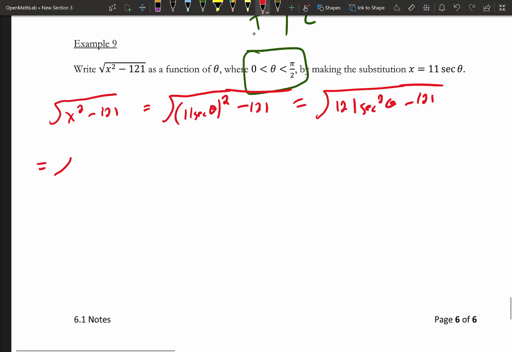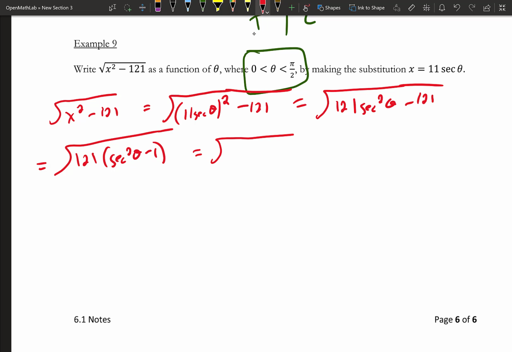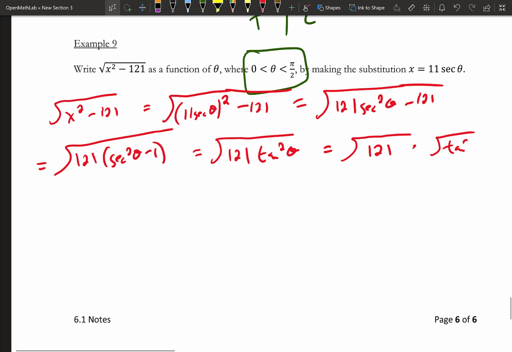And then I could factor out a 121 again, like before. So this gives me secant squared theta minus 1. Secant squared theta minus 1 is tangent squared theta, using the Pythagorean identity. So this would be the square root of 121 times tangent squared theta, which using properties of radicals is radical 121 times radical tangent squared theta.